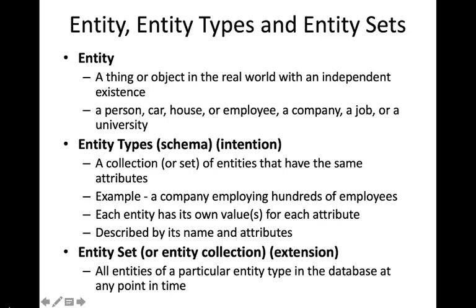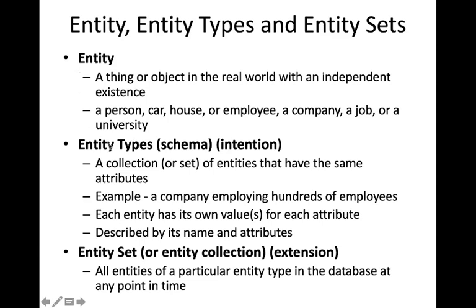So all entities of a particular entity type in the database at any point of time is known as entity set or entity collection, or we call it extension also. You have to distinguish between these three. Entity means a particular thing. John Smith is an employee, a particular entity.